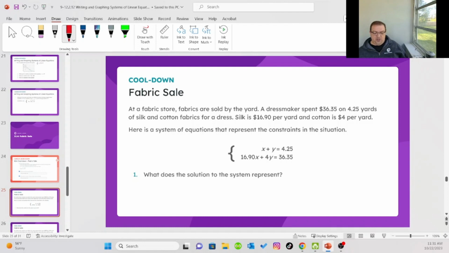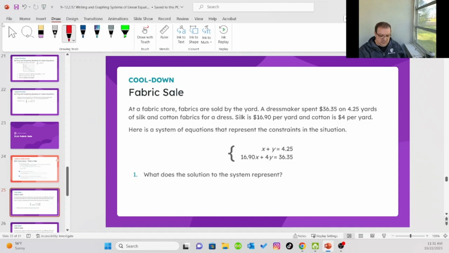So the top equation represents the yards of silk and the yards of cotton equaling the total amount of yards. The bottom equation represents the cost of silk plus the cost of cotton equaling the total cost. What does the solution to the system represent?